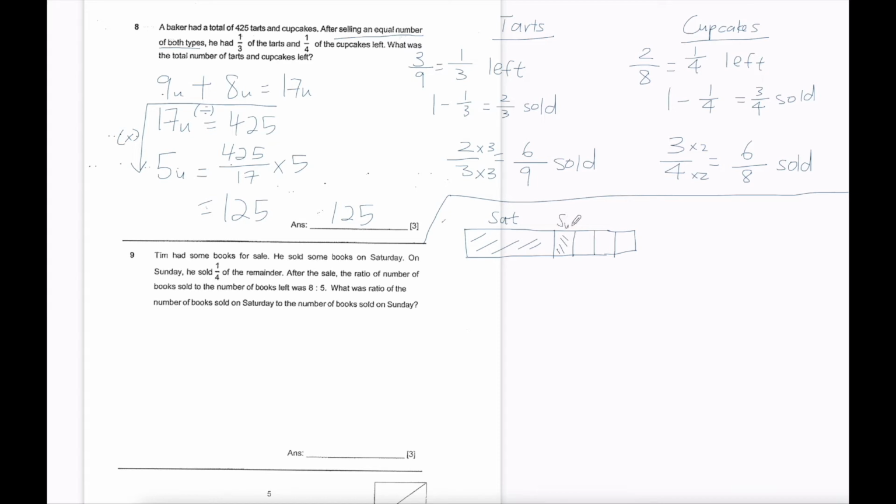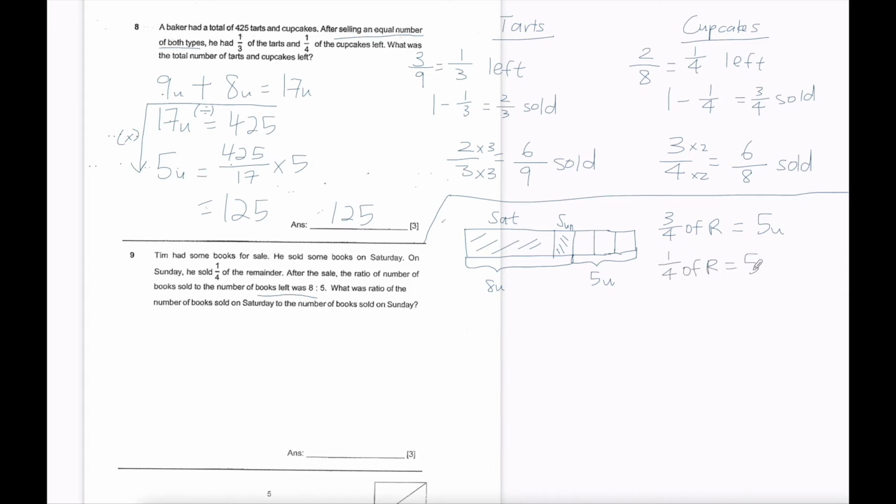After the sale, the ratio of the number of books sold to the number of books left was 8:5. This sentence just means that this is my 8 units and this is my 5 units. So 3/4 of the remainder is equal to 5 units. Can you see? So what is 1/4 of the remainder?